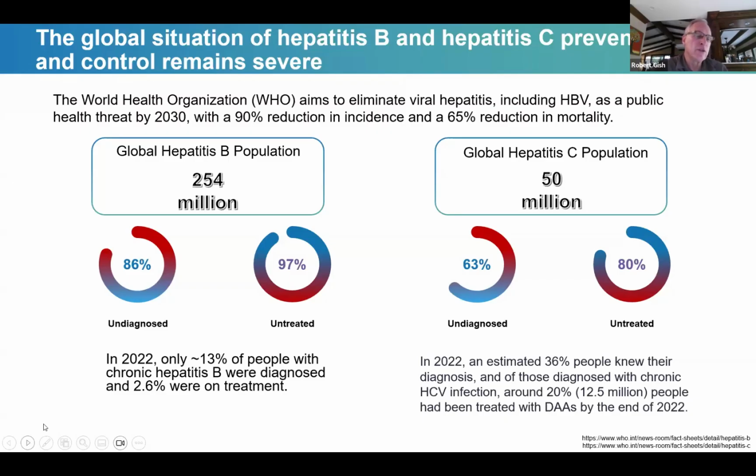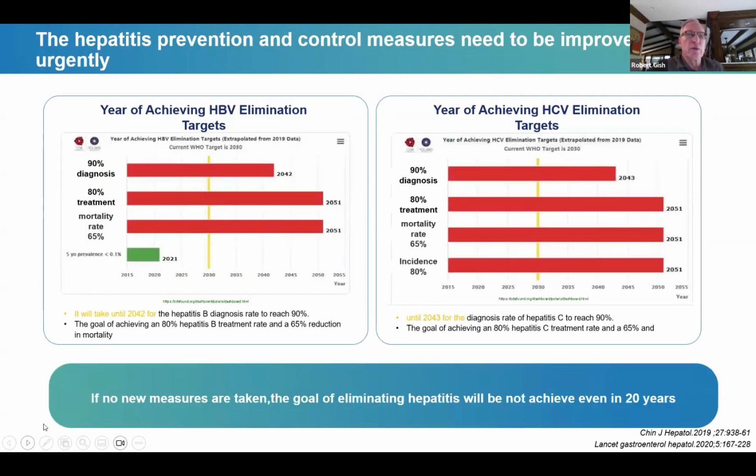Care pathway is treatment, and care pathway is vaccination for those who've never been exposed. So to reach HBV elimination and hepatitis C elimination targets, you have to have diagnosis and treatment at very, very high levels, and we are far behind on a global basis.